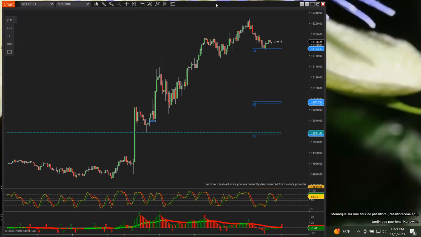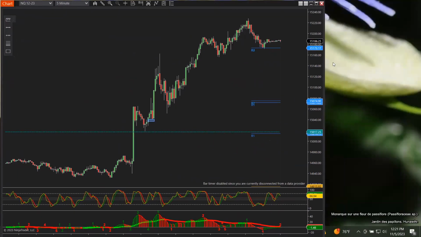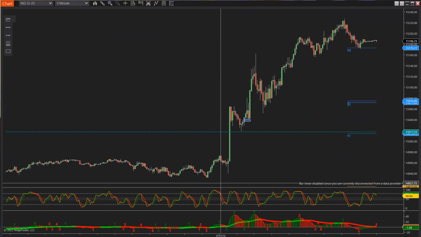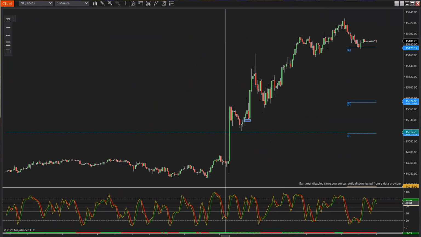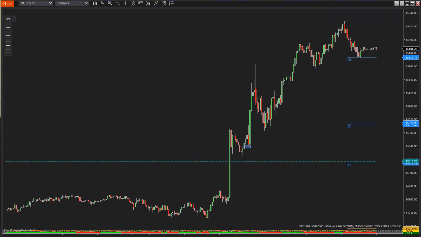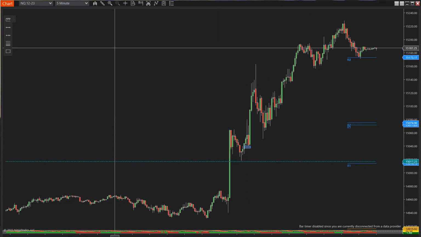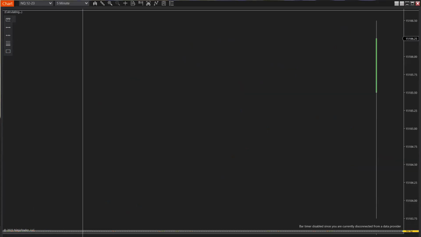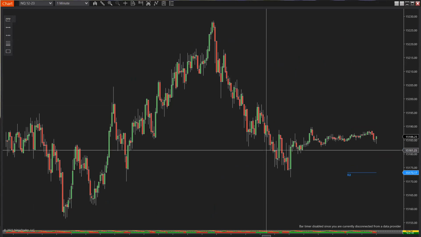I'm pulling this from some other screen, so disregard this down here for now. All right, so this is a 5 minute chart. Let's do a 1 minute chart. So, 1 minute chart right here.